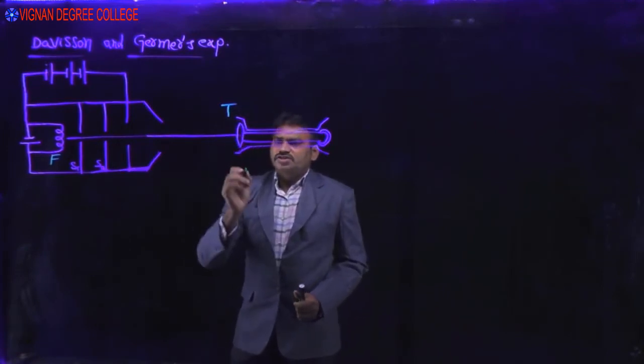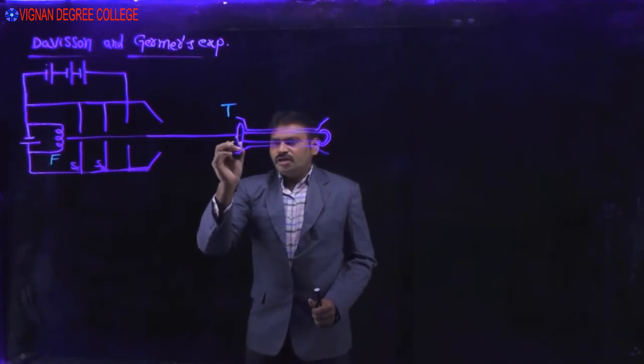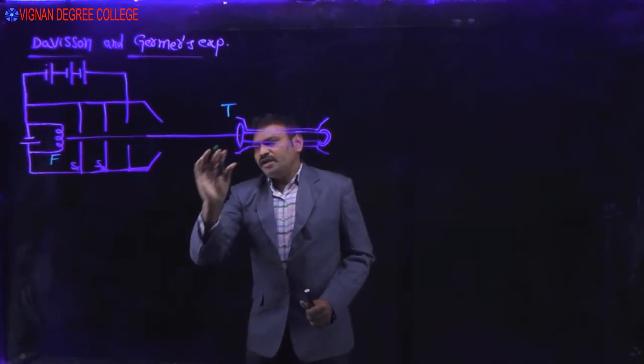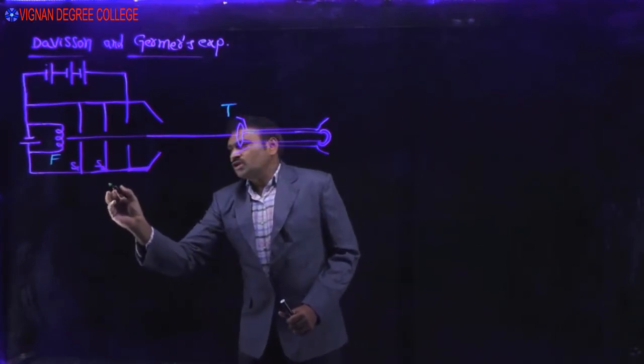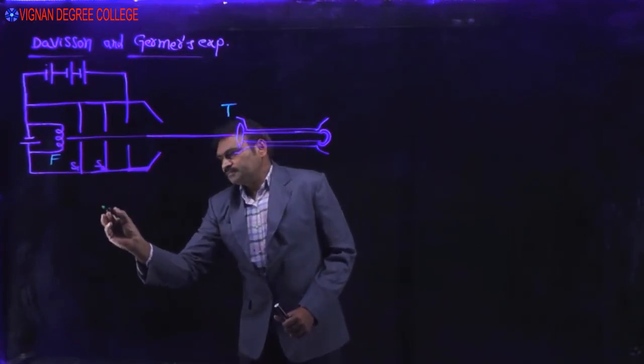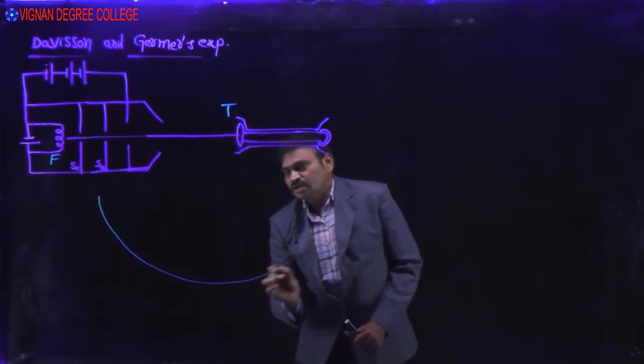Now, after striking the nickel target, the electrons are diffracted in different directions. Here, a circular graduated scale is arranged.